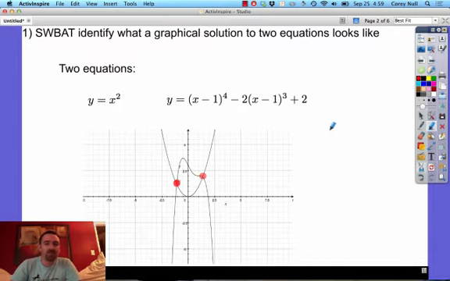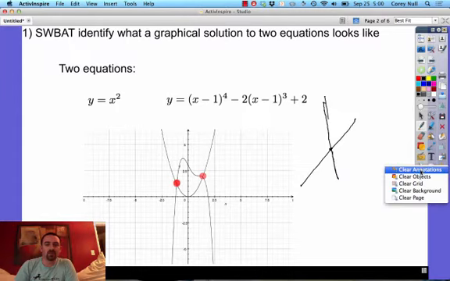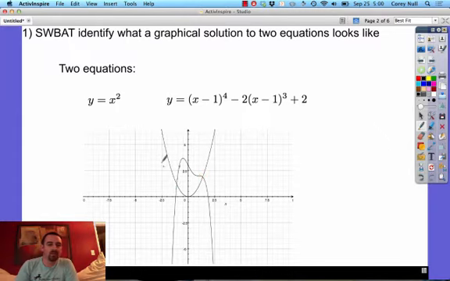If I manage to graph two lines, which you know how to do at this point, a line like this and a line like this, as long as there's no gap in it, then the solution to the system of these two equations is graphically speaking where they intersect. It's the only point they have in common. And let's just make the quick point again that these two graphs have 2 points of intersection. These two graphs have two solutions.